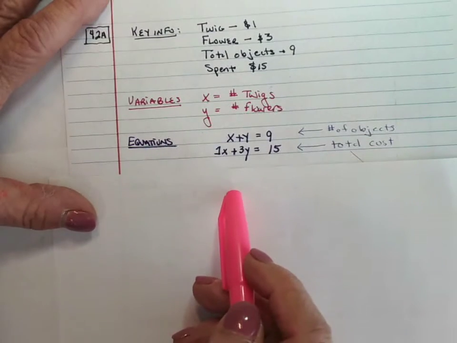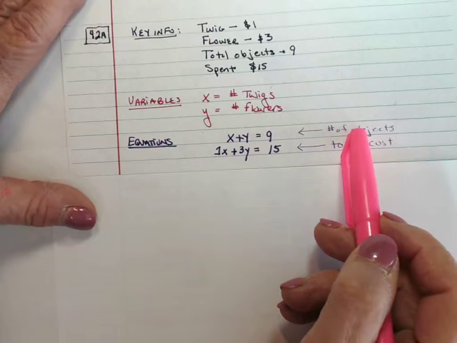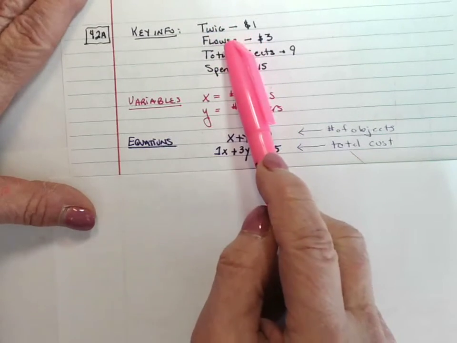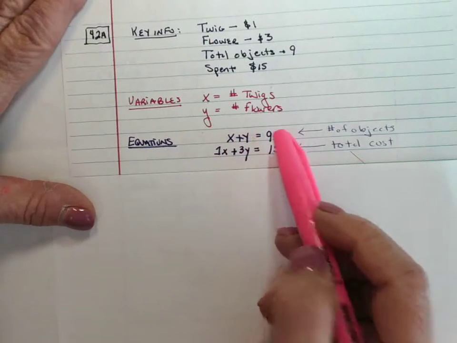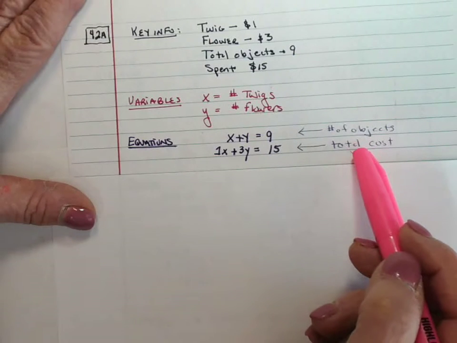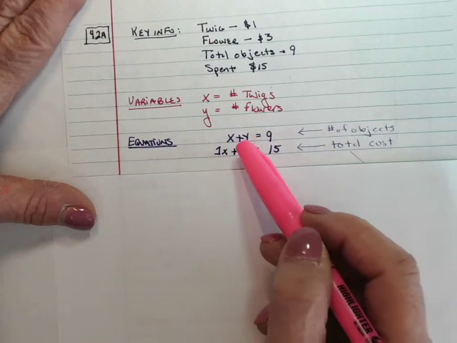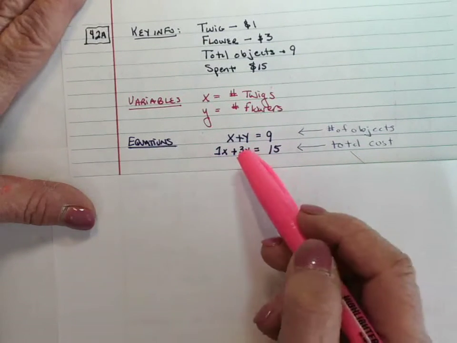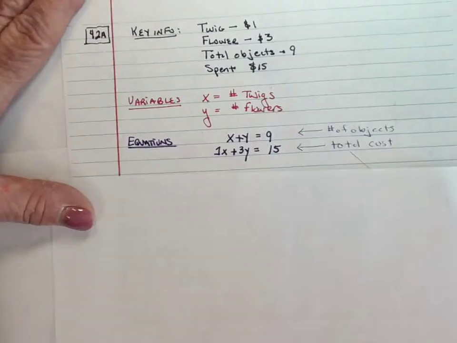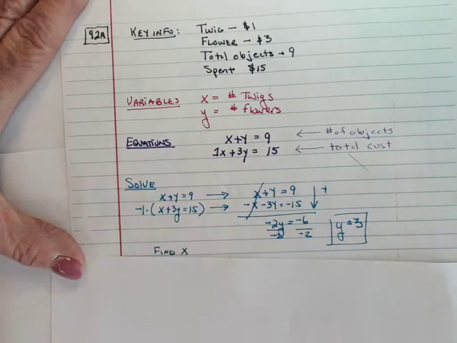You have 2 equations. The top equation is for the number of objects. You had 9 objects. You don't know how many were twigs and how many were flowers. So X plus Y equals 9. Twigs and flowers is 9 objects. Then you have an equation for cost. A twig is $1 and flowers are $3. So your second equation is X plus 3Y equals 15. You then notice that I rewrote it here.